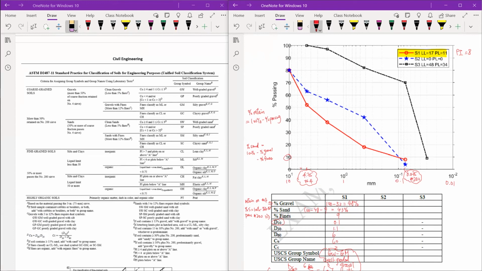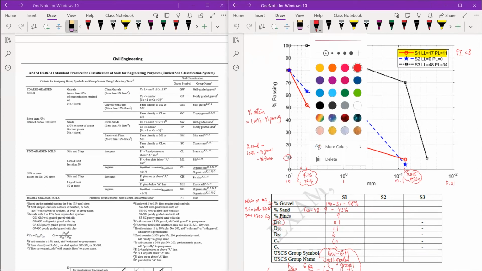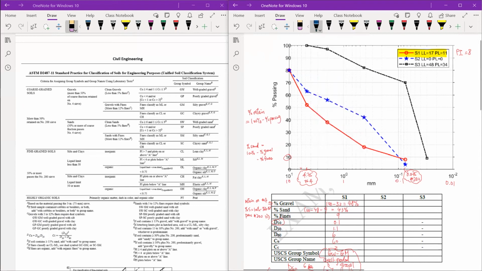Here we are reading about 4% passing number 200, because number 200 is 0.075 millimeters. On this blue star here, I'm reading about 4%.